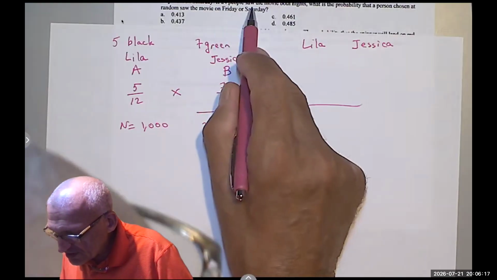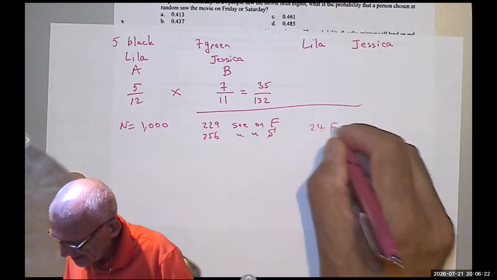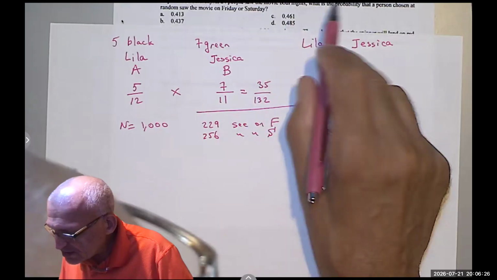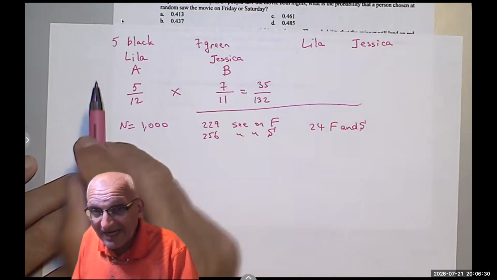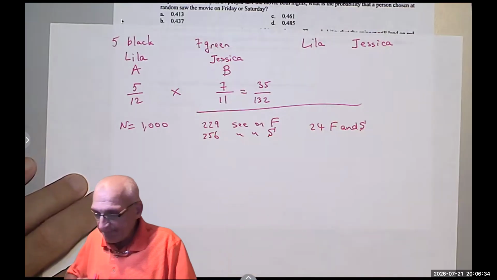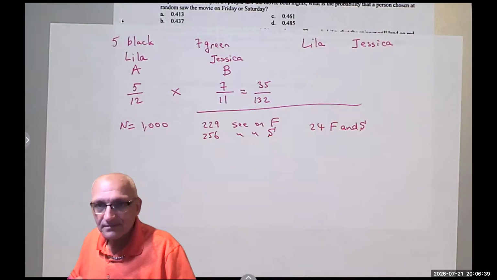If 24 saw the movie both nights, so 24 Friday and Saturday, what is the probability that a person chosen at random saw the movie on Friday or Saturday? So what is that?